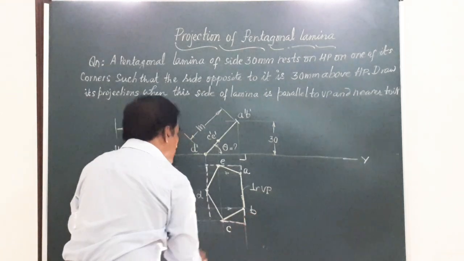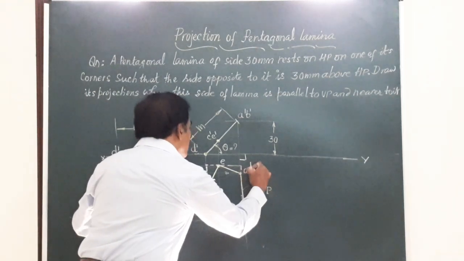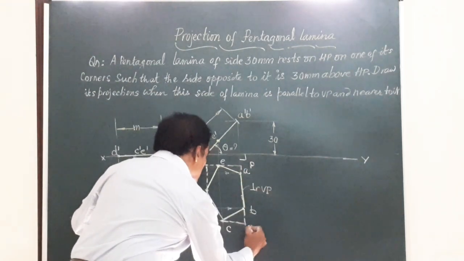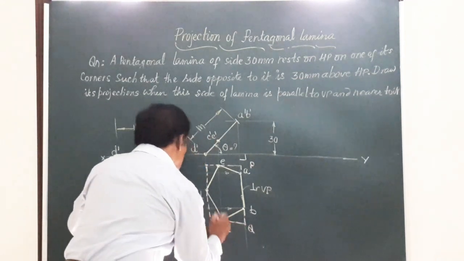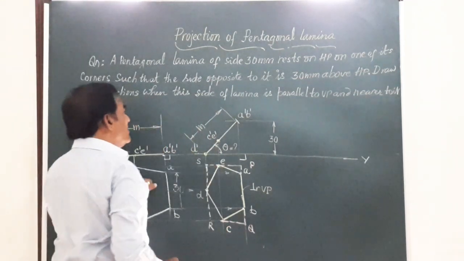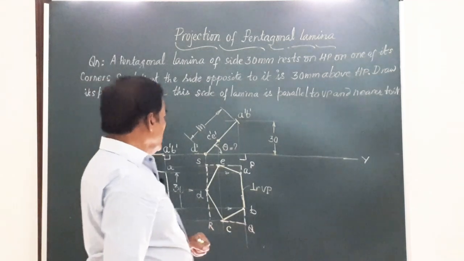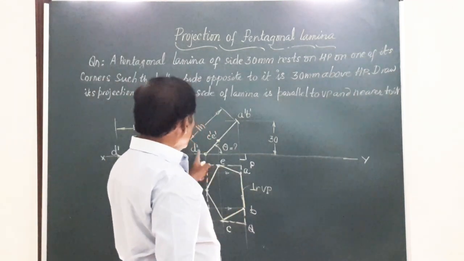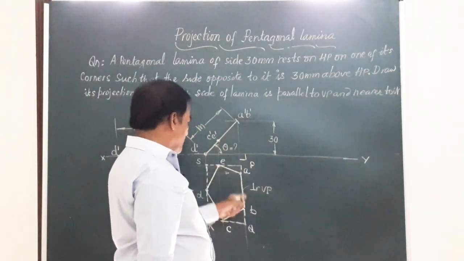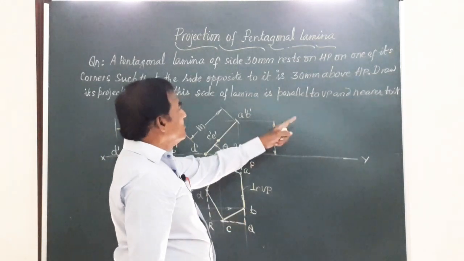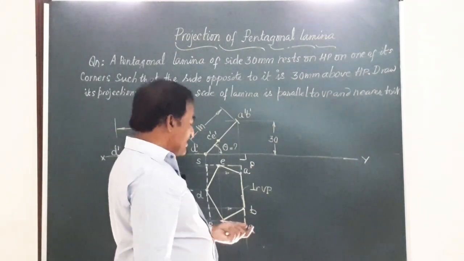So this is the box you have got. I will call this as PQRS. P, this is Q, this is R, and this is S. So friends, the side AB opposite to the corner is perpendicular to VP, that has to be made parallel to VP and nearer to that.